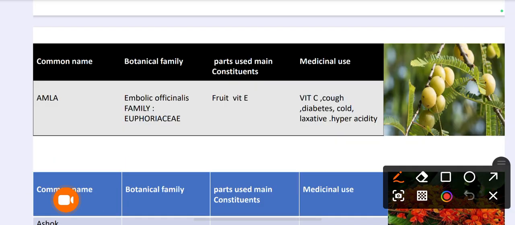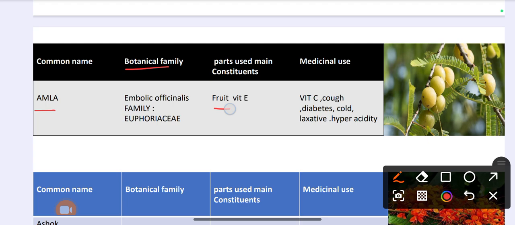First one, amla. What is the common name of amla? Amla plant, which botanical family? Emblica officinalis, and the family is Euphorbiaceae. What parts are used and what are the main constituents?